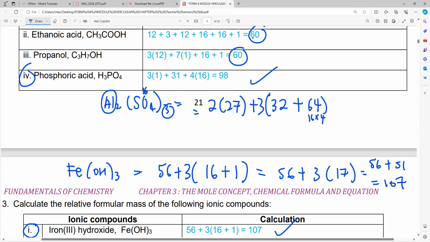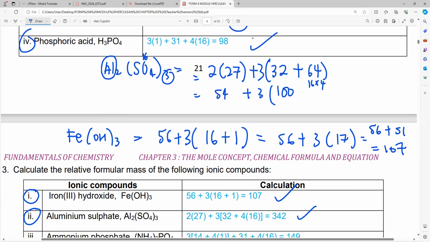Now let's try. 27 times 2 is 54. 54 plus, I put the 3 first here. 32 plus 64, is it 100 plus? Yes, it is 100. Something is wrong with my math. Is teacher's math correct?